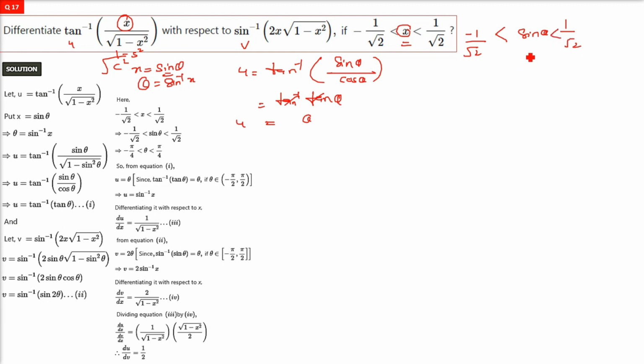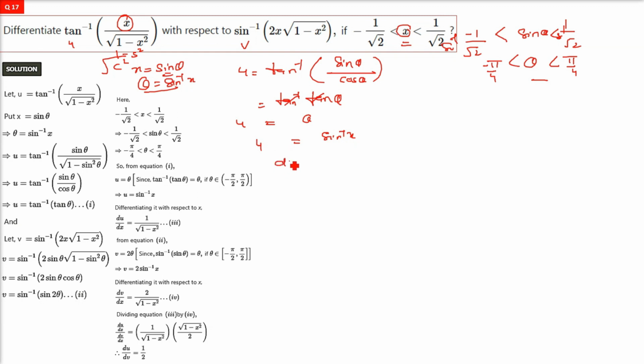So you can take sine inverse of all of it. So this theta will be equal to sine inverse minus 1 by root 2 to sine inverse 1 by root 2. So this is minus pi by 4, this is pi by 4. Minus pi by 4, this is in this range. So this theta is equal to sine inverse x. Theta is sine inverse x.